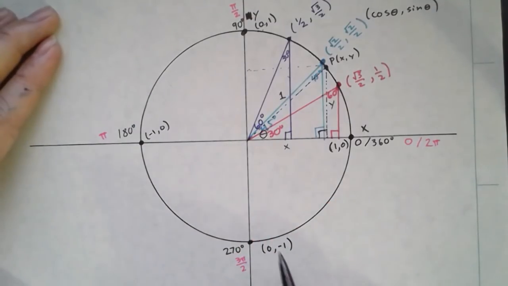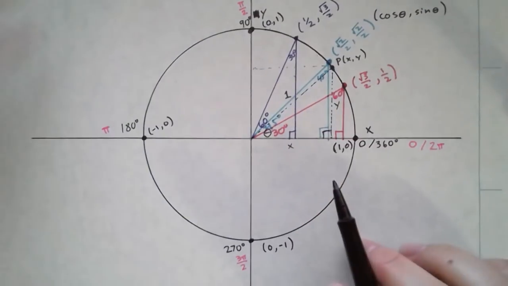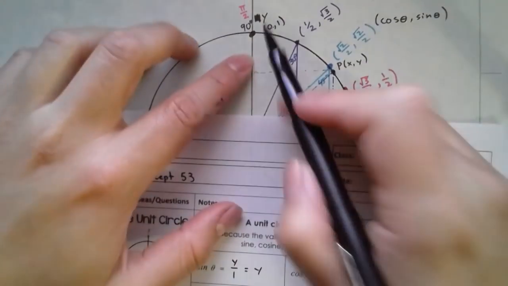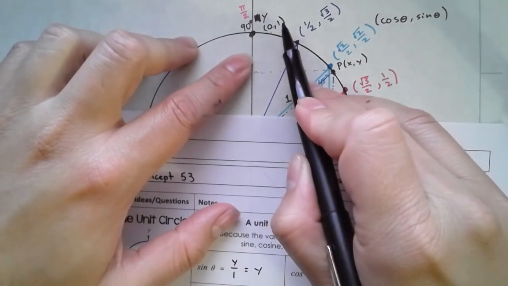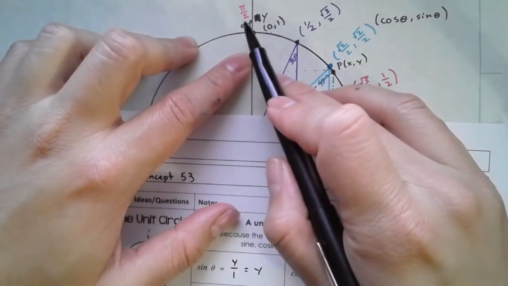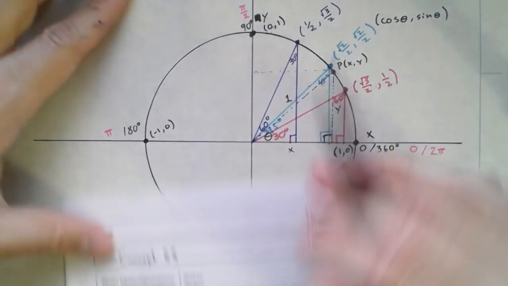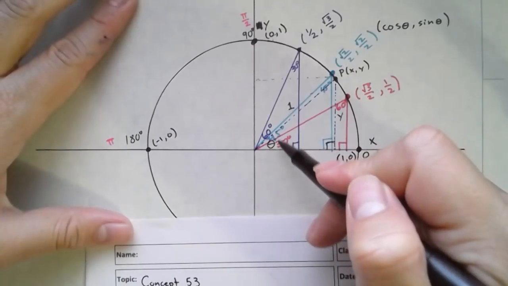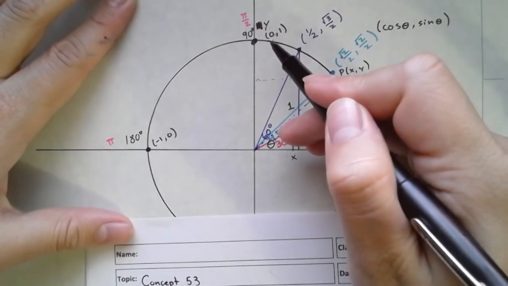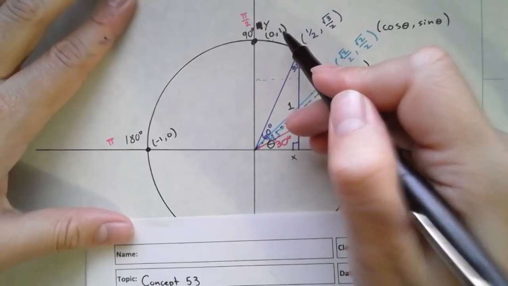Okay, now knowing the labels of these points, I can find what the rest of these are, because I know this is cosine theta, this will be sine theta of the measure of the angle that we're talking about up here. So if this going all the way up here is 90 degrees, then this is cosine of 90, sine of 90.